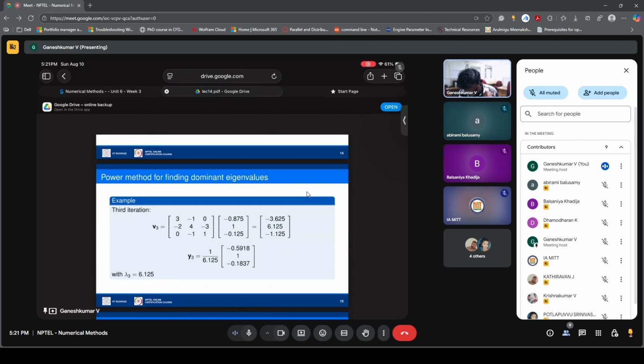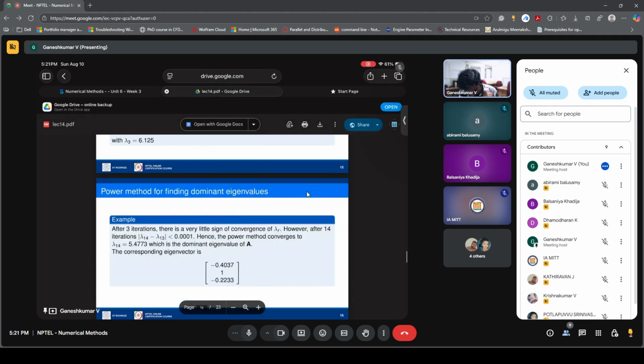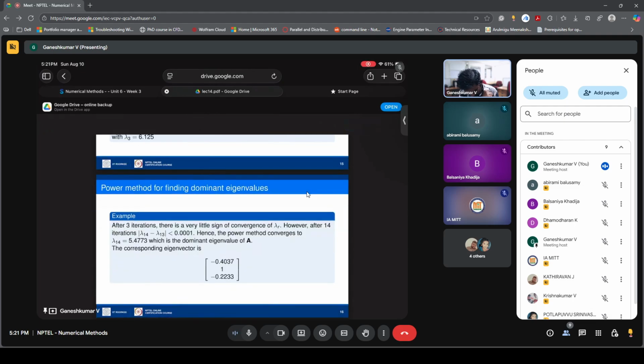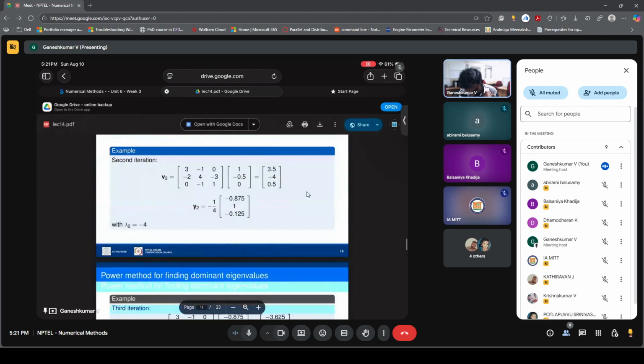Then that will give you minus 3.625, 6.125. Highest is 6.125. You take the 6.125. And then you keep doing it. At the 14th iteration you will end up having 5.4773, which is the dominant eigenvalue of A. And this is the corresponding eigenvector.